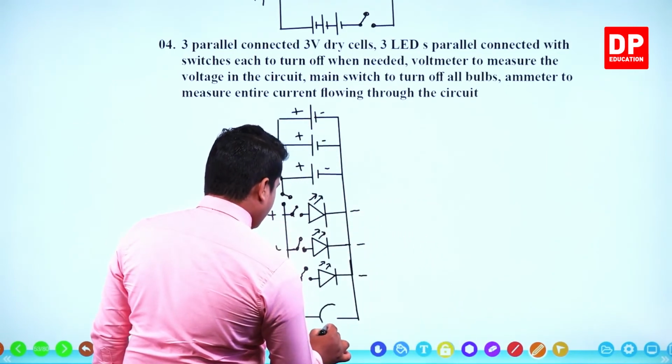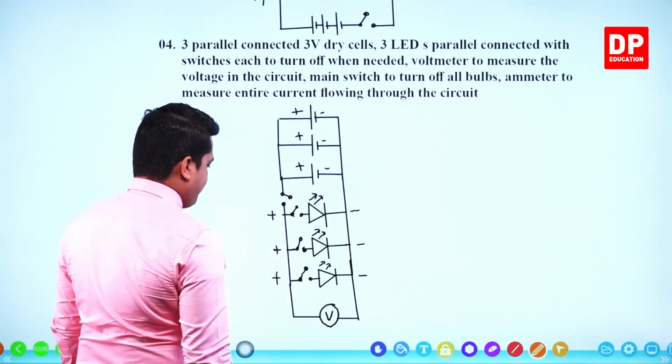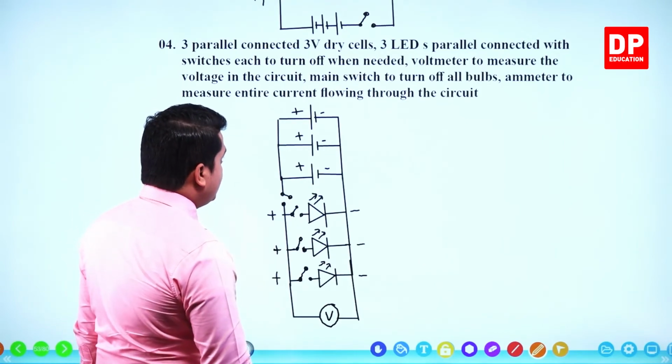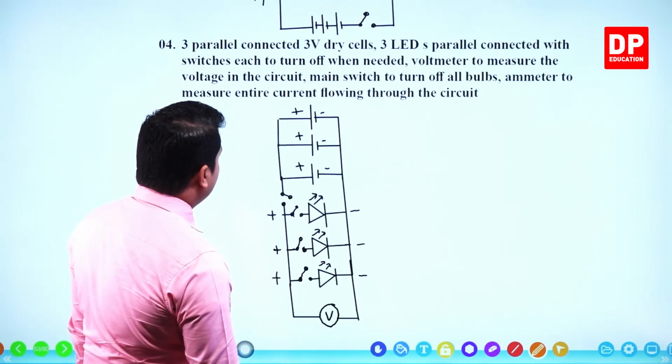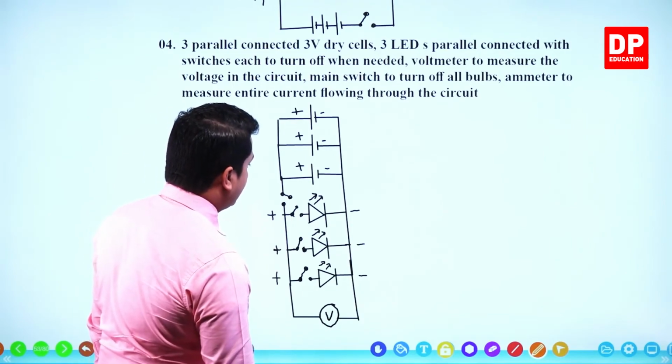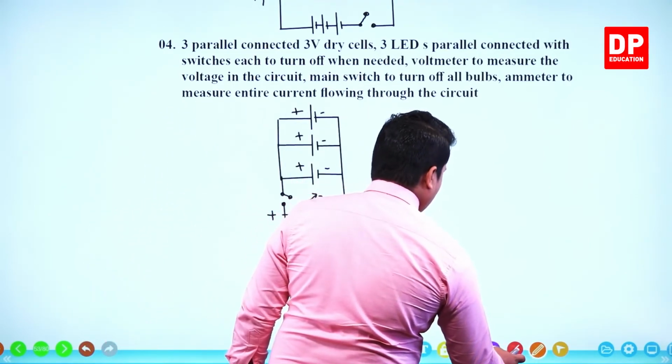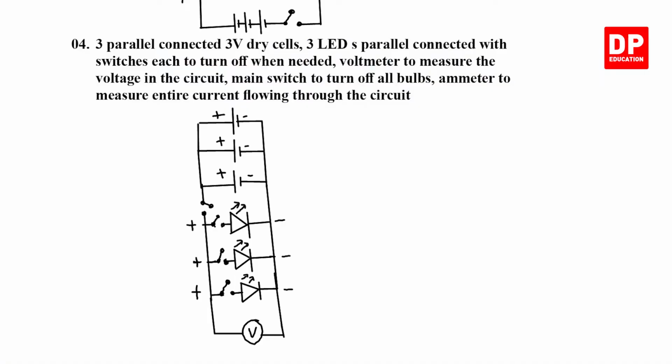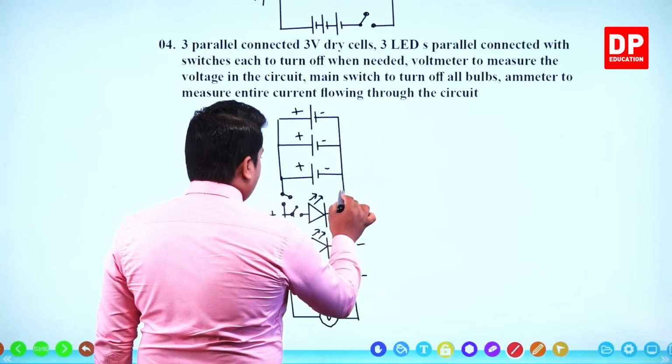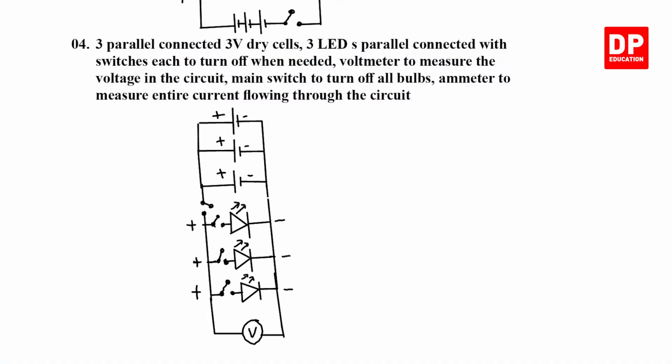So voltmeter, then ammeter to measure the entire current flowing through the circuit. So if an ammeter is getting used to measure the entire current, right, then we have to use it over here. At this place we can use it, right, like in the switch, the ammeter.